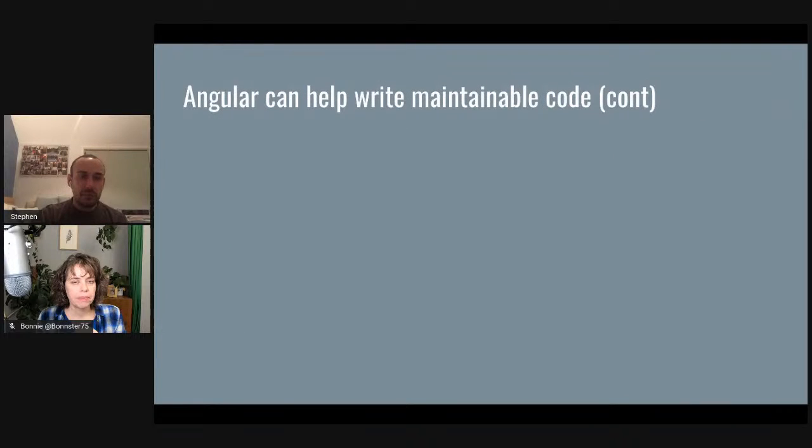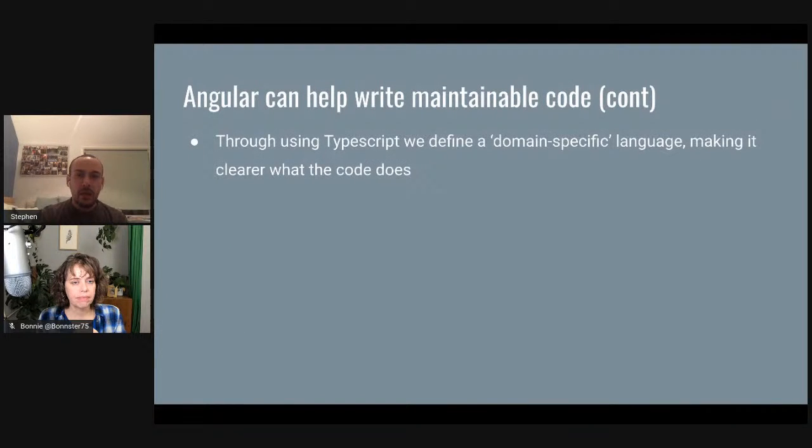Cool. So there are some more ideas as well. Through TypeScript, we can start to really set out a more domain-specific language. What I mean by that is we have our types and we have our models. By defining those, we can have a language that defines what problem this application works on.